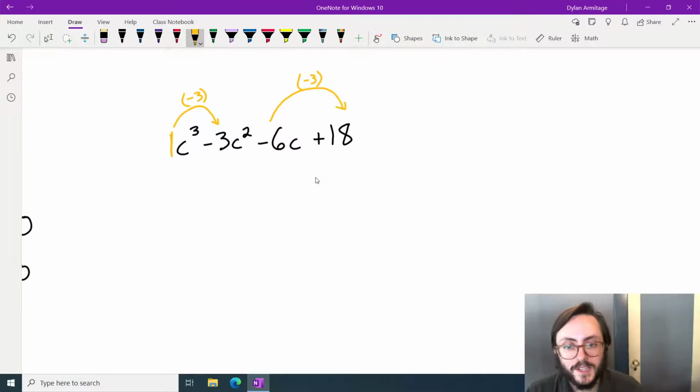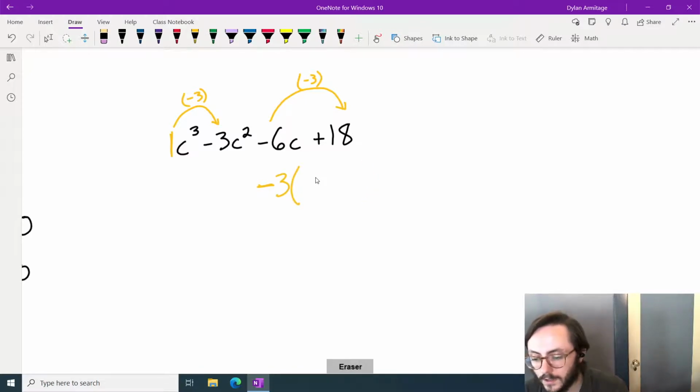So because we're doing the same thing there, we should be able to make our two groups look like each other. Specifically, we can take out this negative 3 over here.